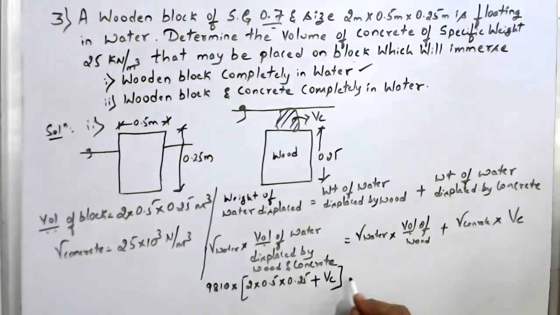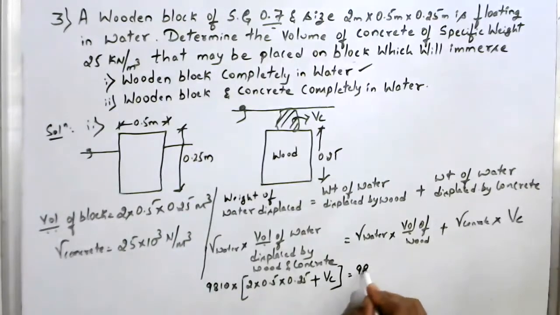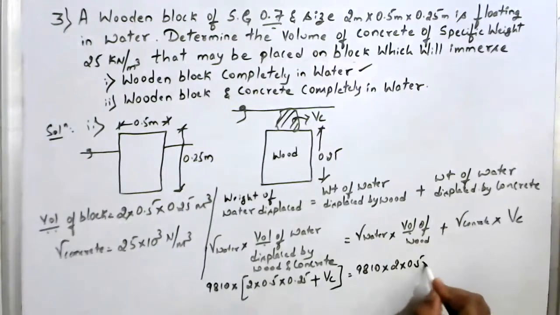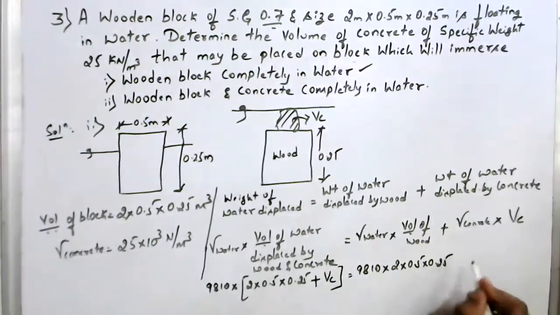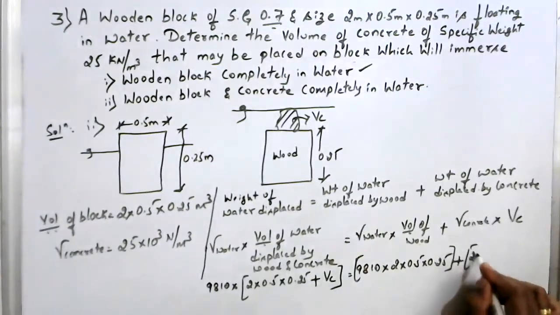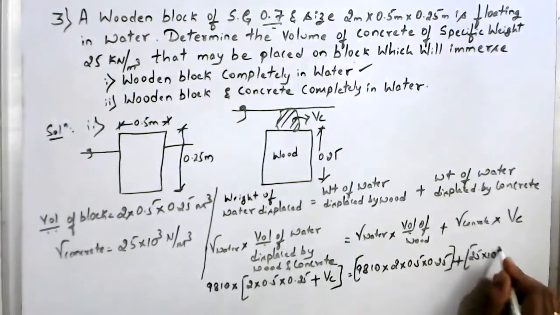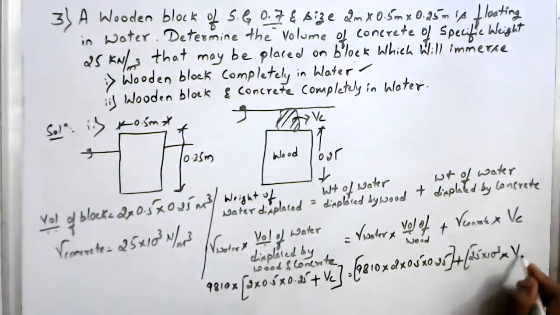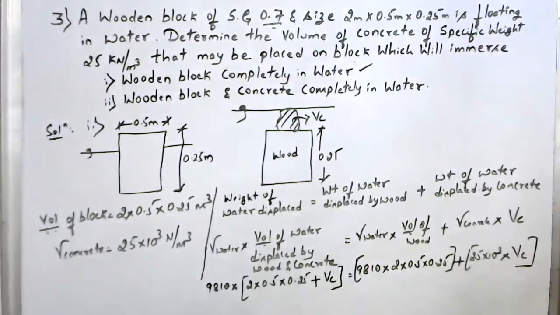So now you observe, volume of wood plus volume of concrete multiplied by the density of water. You have to consider both, which is equal to 9810 into volume of wood, 2 into 0.5 into 0.25, plus gamma of concrete, which he has given as 25 into 10 power 3 into volume of concrete VC. Now in both the left hand side as well as the right hand side, you have a volume of concrete.